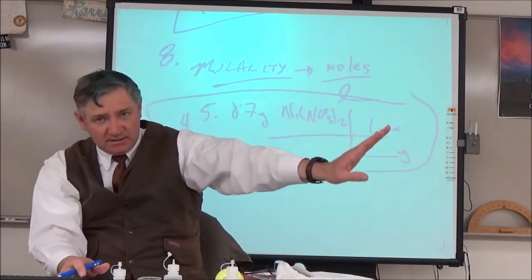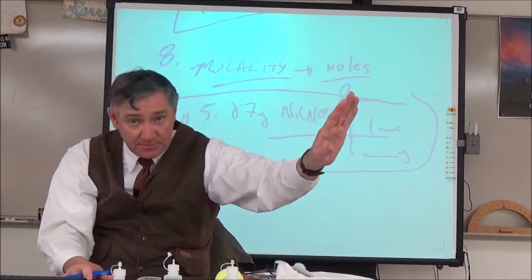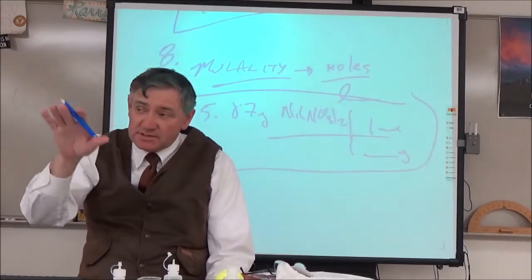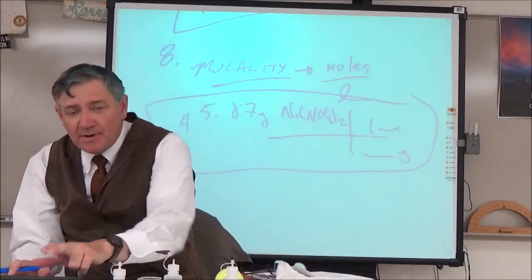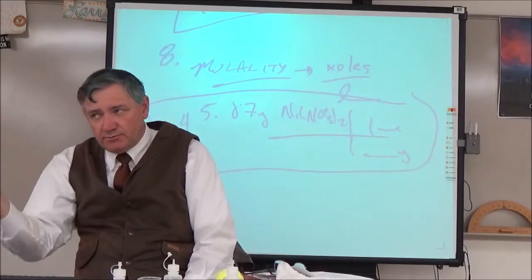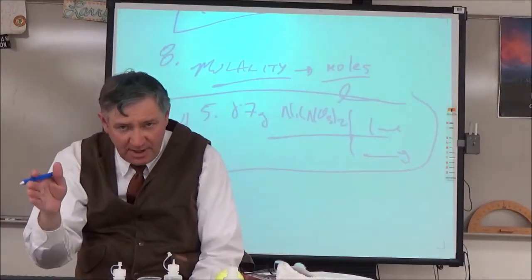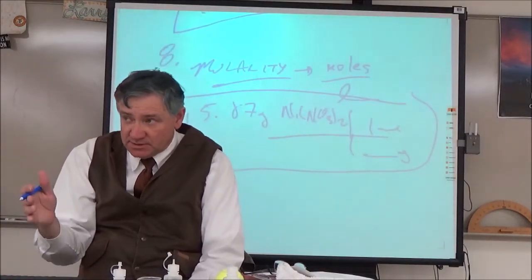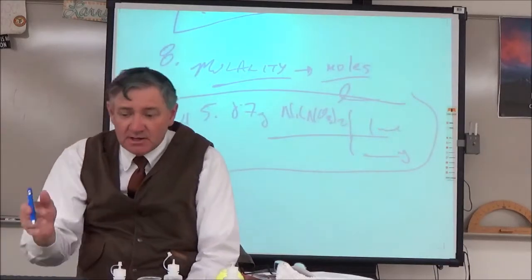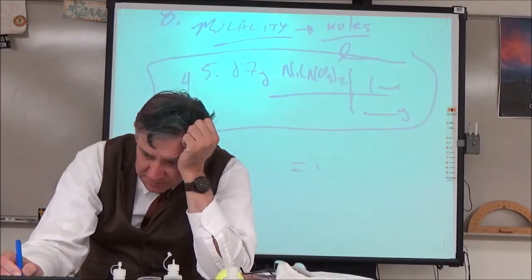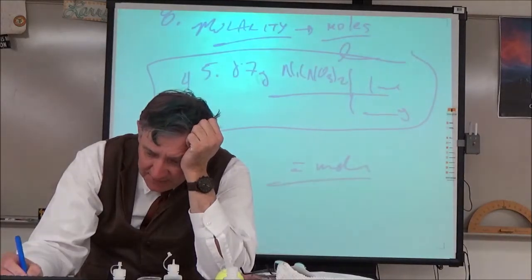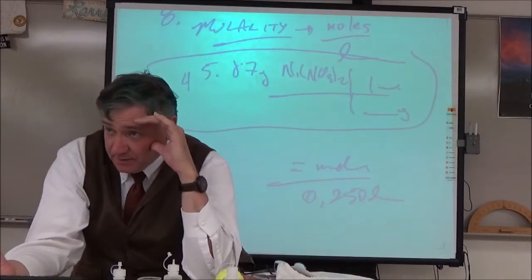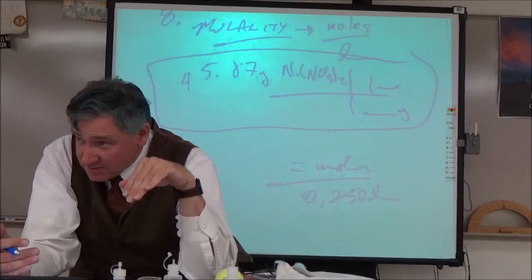And you get that number by itself. Okay? And some people like a step-by-step approach to this. I don't care. But what you have to be careful of, if you're going to do this as a step-by-step process, keep a lot of digits and then round when you get to the end. So when you take that 45.87 and you divide by the molar mass of nickel nitrate, don't round that number too much. Keep a lot of digits. So you're going to get some number of moles, and then you're going to divide that by 0.250 liters, and boom, there's your molarity.